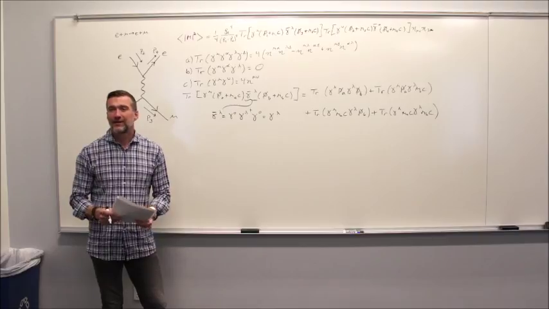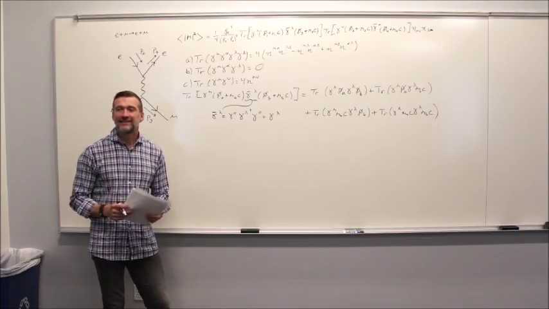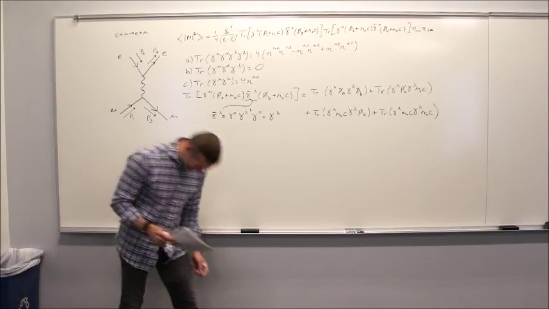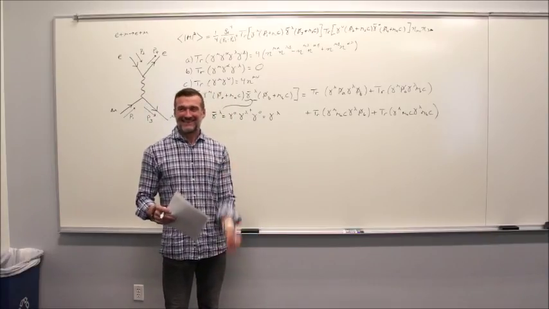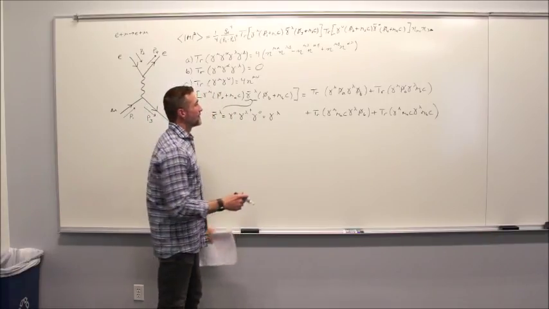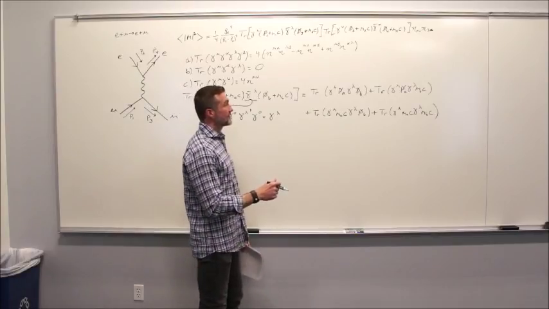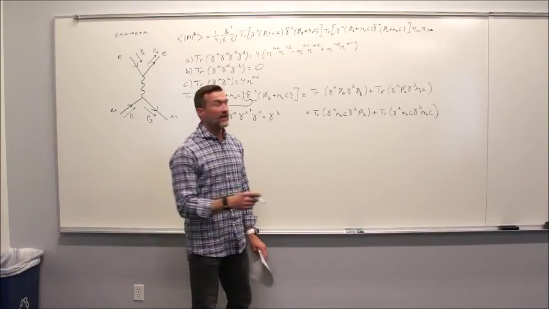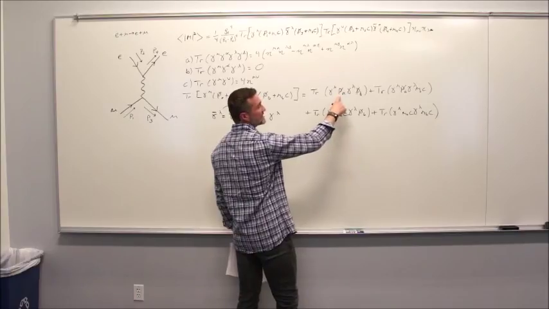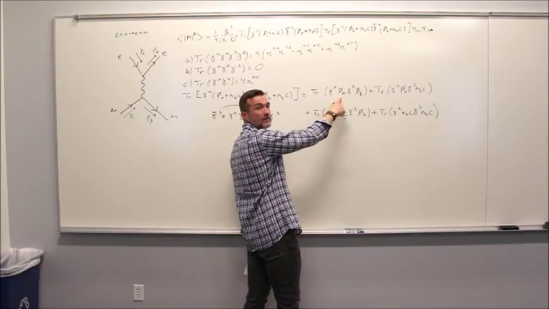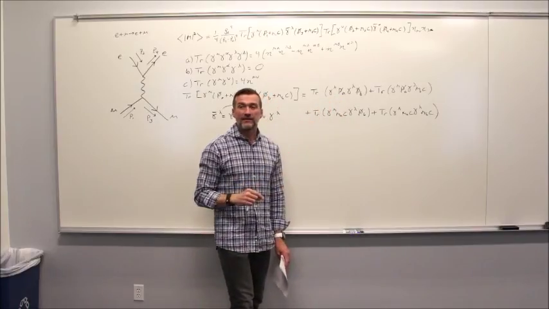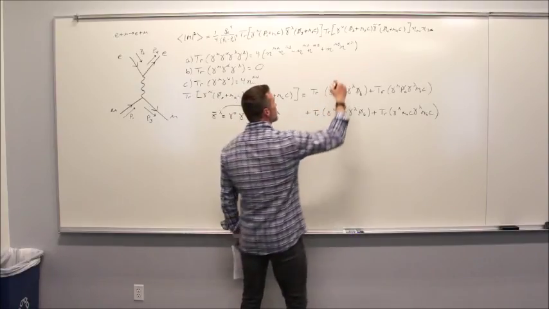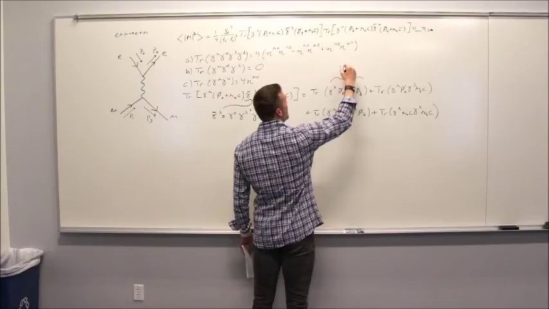Okay. Don't you still have 4 gamma matrices in each p slash? So each of these p slashes has a gamma. Yeah. So a gamma, a gamma, a gamma, a gamma. How many times did I say gamma? 4 times, good. So this is secretly 4 gammas.